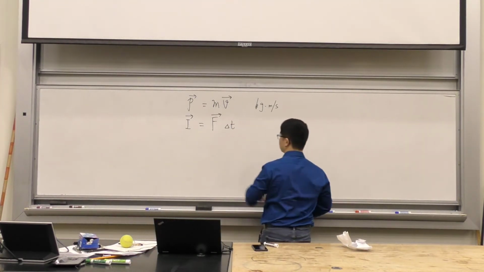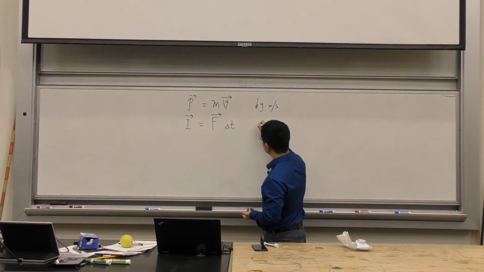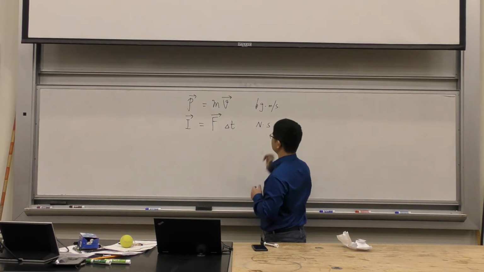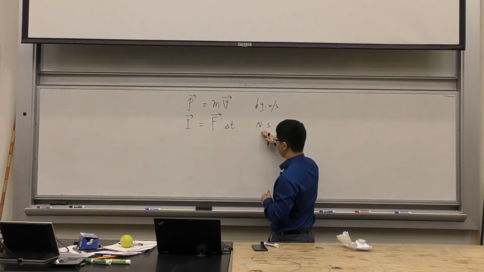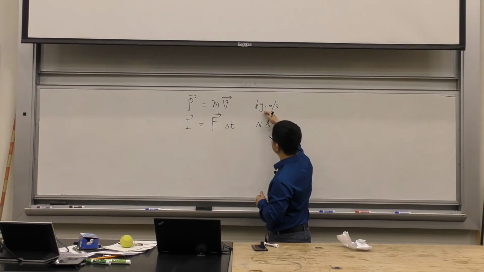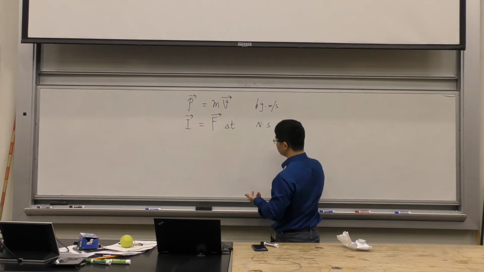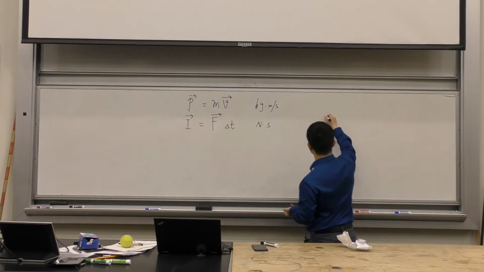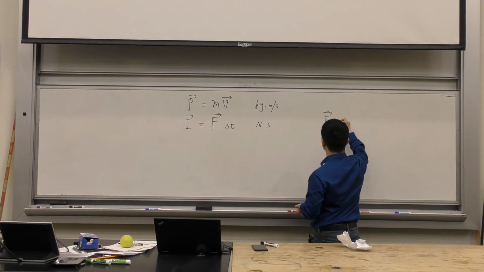What is the unit of this? That's easy to see. It's going to be newtons times seconds. And then you can show that this is actually equivalent to kilograms times meters per second. Why? If you remember, we define the newton using Newton's second law.